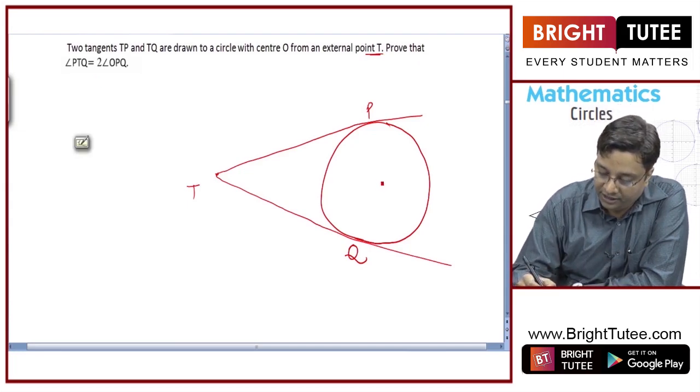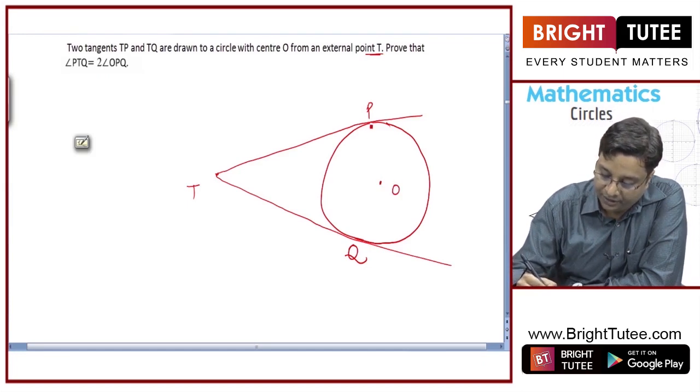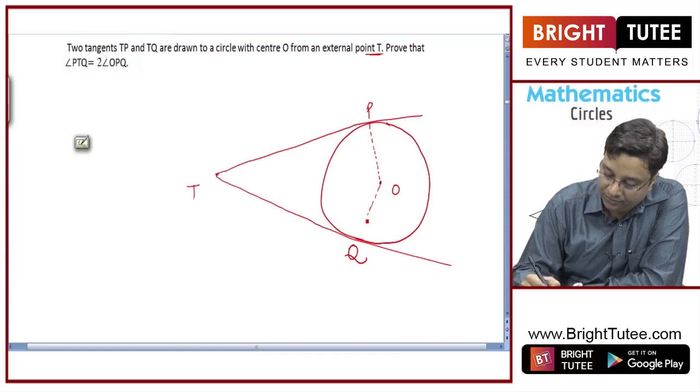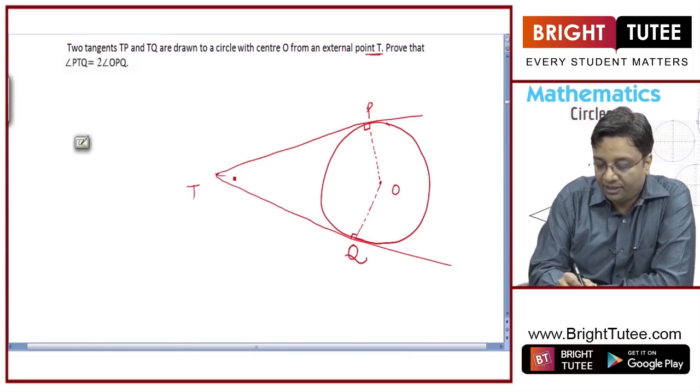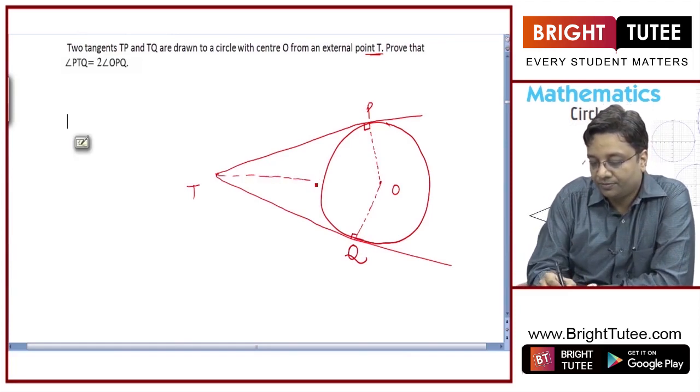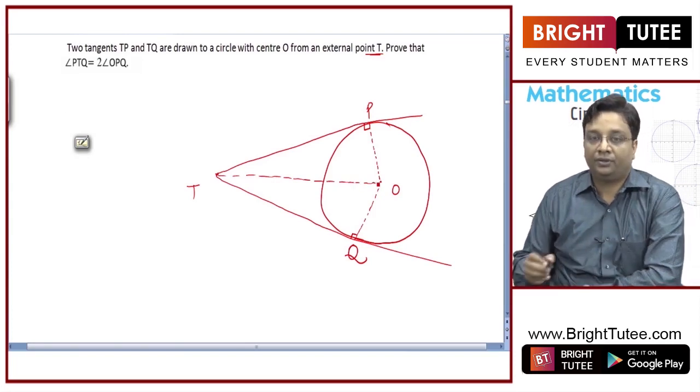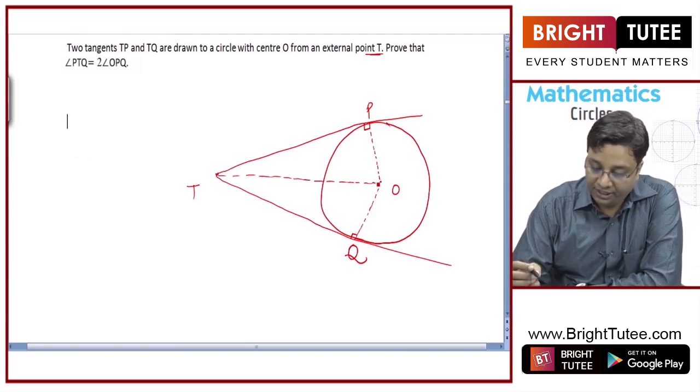So for this, let's name this as our center O and draw these OP and OQ. We know that this angle is 90 degrees and this angle is also 90 degrees. Let's draw OT also. Now we need to find angle PTQ.